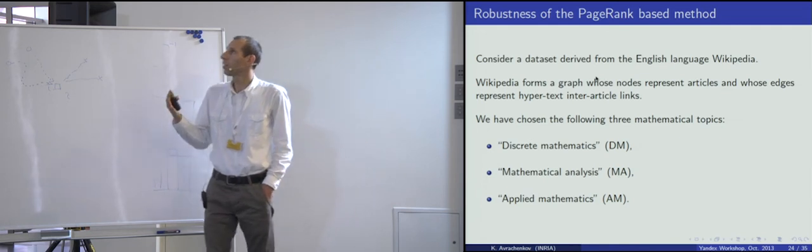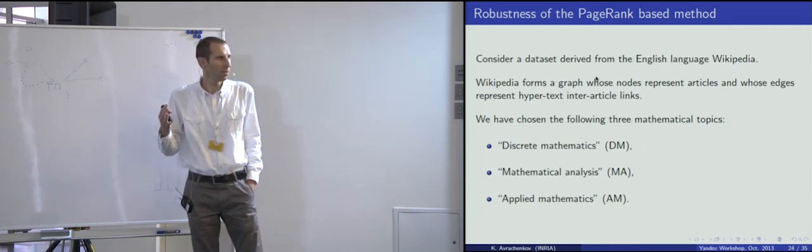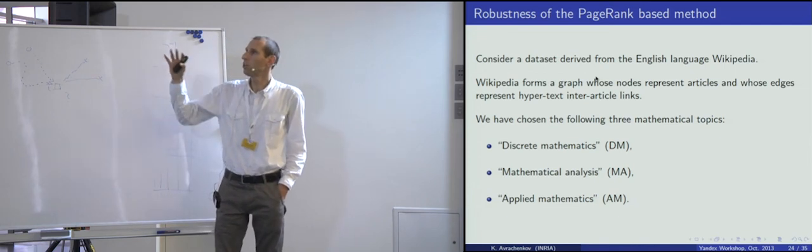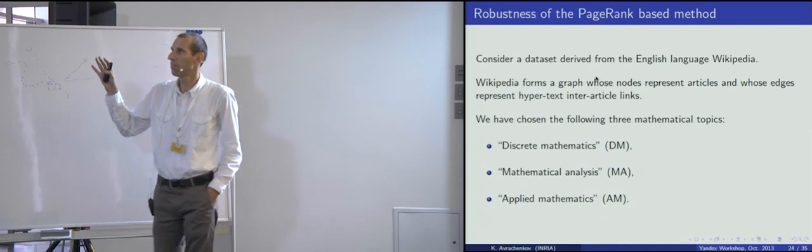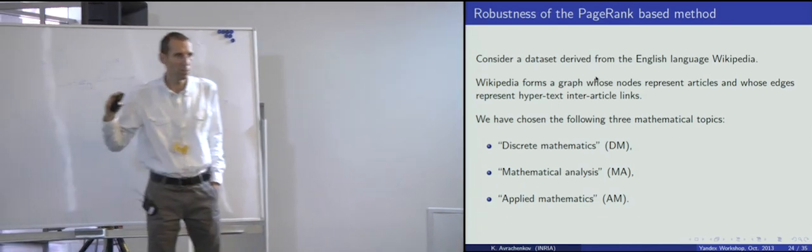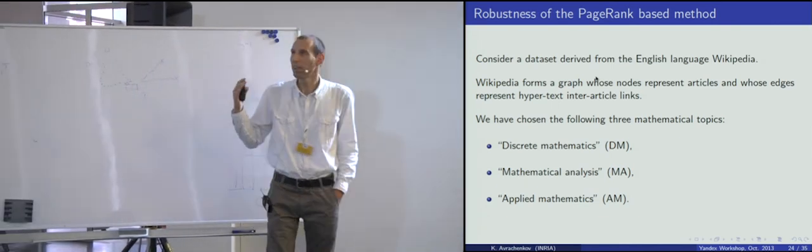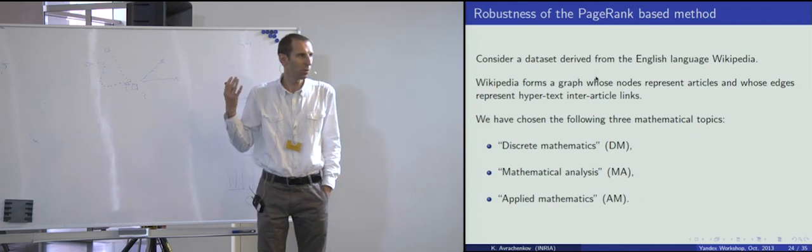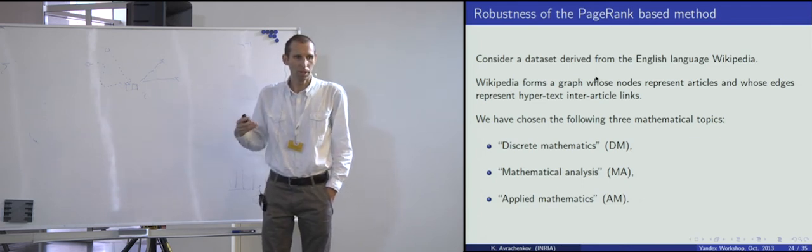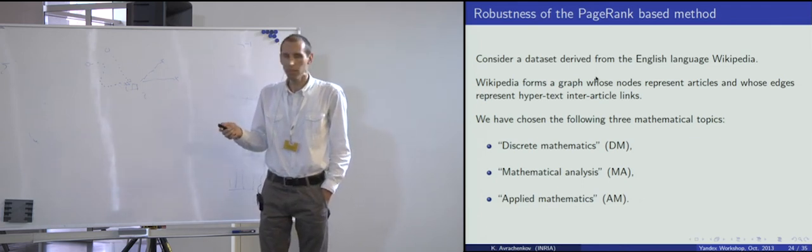First, the classification of Wikipedia articles. We took 3 topics from Wikipedia: discrete mathematics, mathematical analysis, and applied mathematics, and classified articles with experts' help and according to the AMS mathematical topics classification. So we have a ground truth here. Then we applied our semi-supervised learning method.